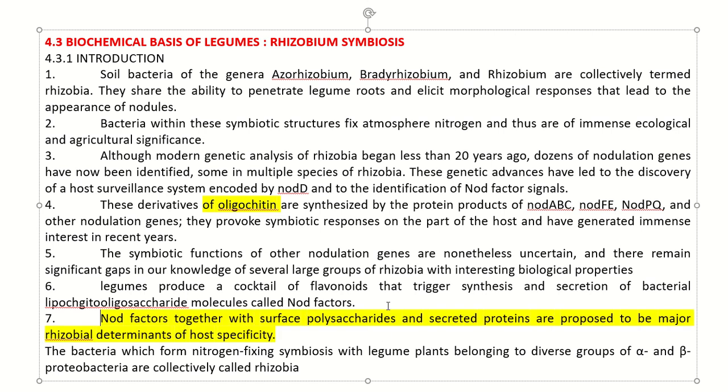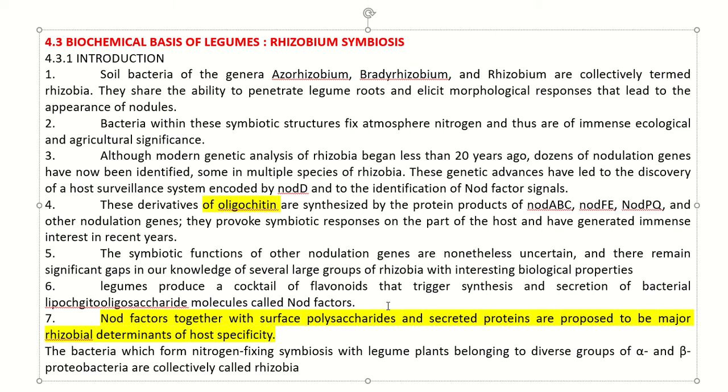I have already told you how the host is important, how they only work on that specific host because they have certain sensing chemicals. Sensing chemicals means what? Nod factor together with surface polysaccharide and secreted protein are proposed to be a major rhizobial determinant of host specificity.